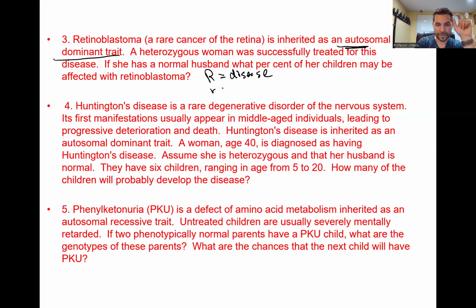Autosomal dominant, the little r is normal, right? A heterozygous woman, big R, little r, was successfully treated for this disease. She has a husband that's normal, little r, and then you just do the Punnett square and describe it, right? Huntington's disease, autosomal dominant.